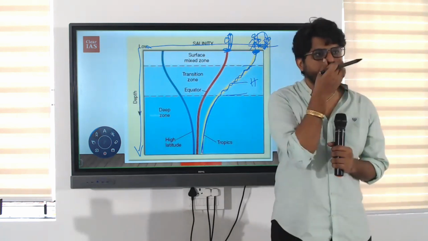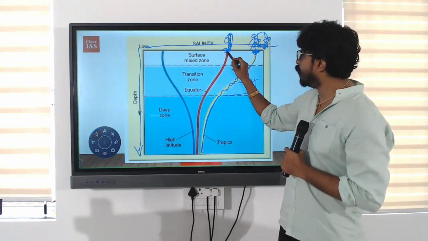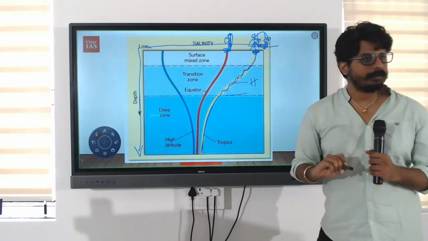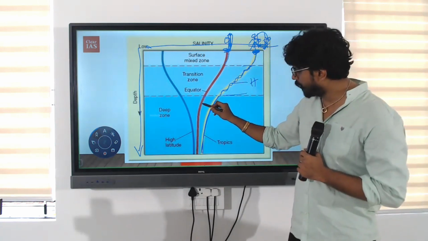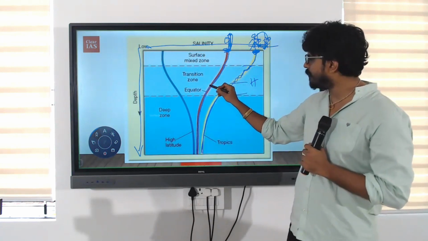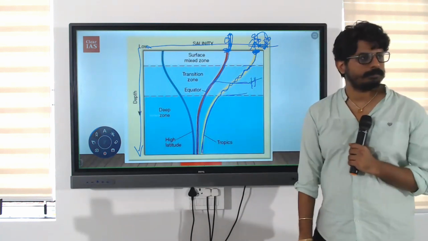We studied the equatorial type of climate, right? So fresh water is getting added. So the salinity is comparatively lower as compared to 30. At the bottom the salinity remains constant. In this zone where there is transition, we call it the halocline zone.